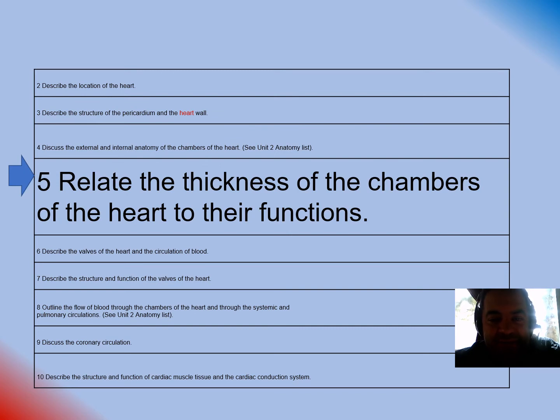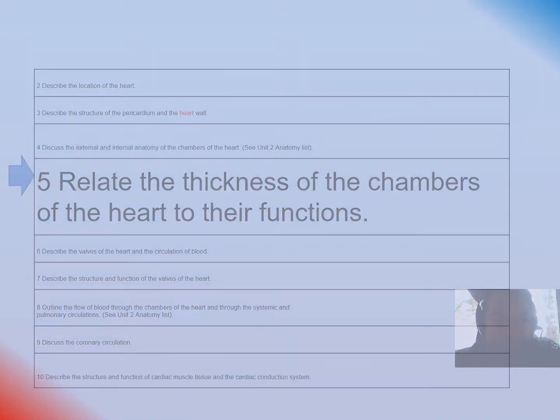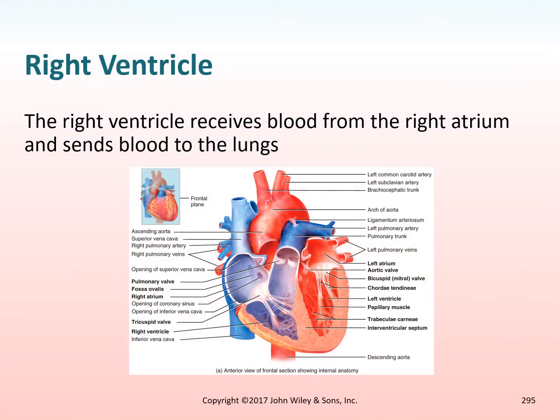Relate the thickness of the chambers of the heart to their functions. Right ventricle receives blood from the right atrium like this, and then it sends blood up and over to the lungs through the pulmonary arteries, pulmonary arterial trunk at first, which splits.